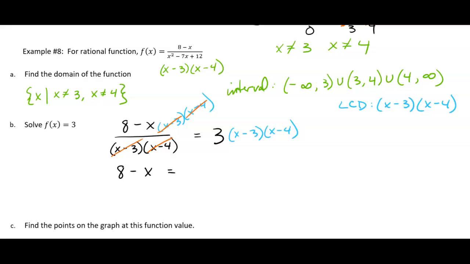On the right-hand side, you're going to have to multiply those binomials. That was already done because we factored them at the beginning of the problem. And now I've got to distribute this 3.